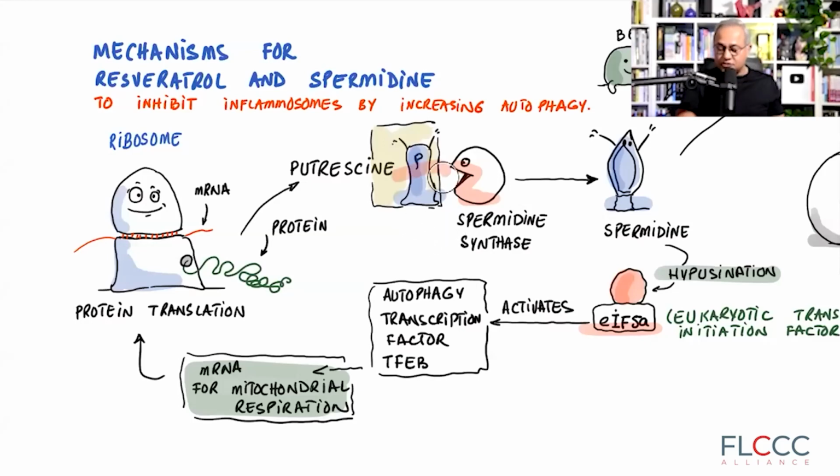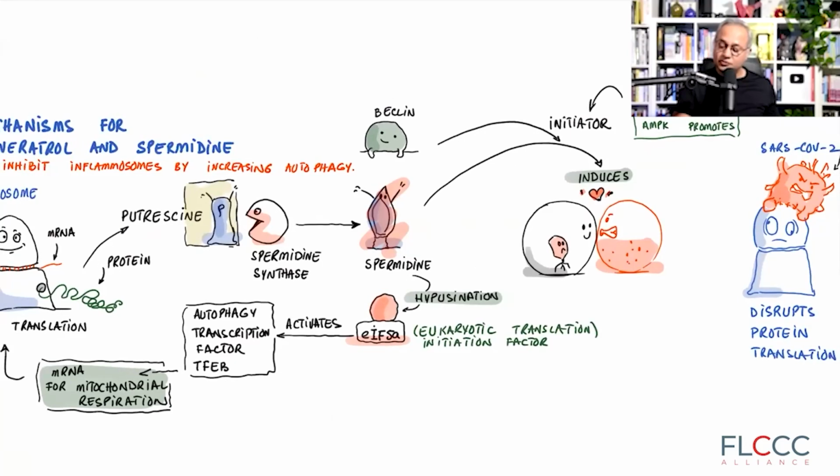This putrescine is then further modified by an enzyme called spermidine synthase. Synthases are the enzymes that make things, they synthesize things. So spermidine synthase picks up putrescine and converts that into another molecule called spermidine. And I made it look like a little sperm. So it is called spermidine, but it's not a sperm. Spermidine's function is to induce autophagy.